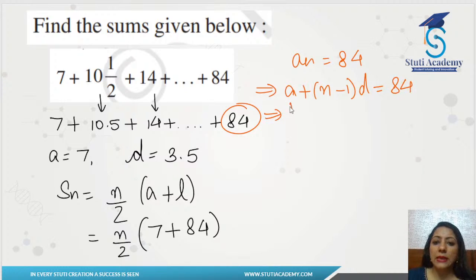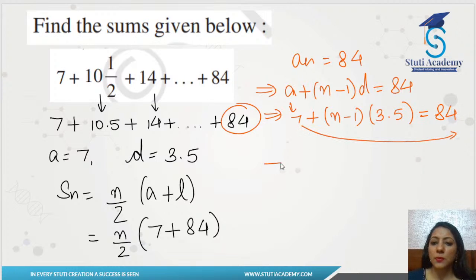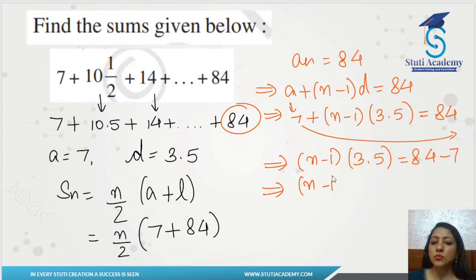Here a is 7, then we have n minus 1, we don't know n, and we know d is 3.5. Now 7 will go on the other side and become minus, so we have n minus 1 into 3.5 is equal to 84 minus 7, that is 77. This 3.5 we are going to take on the right hand side and it will go in the denominator.